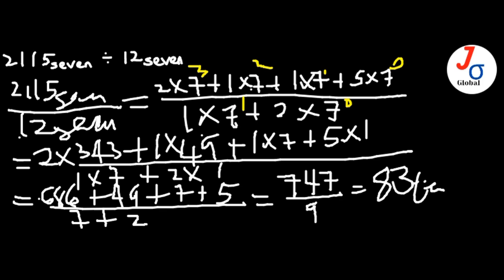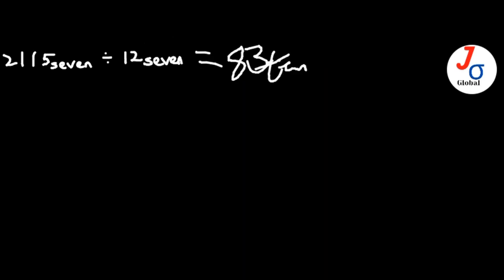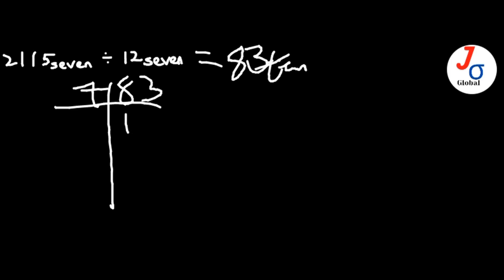So since we've gotten our answer in base 10, we're going to convert base 10 back to base 7, because our answer must be in base 7. So we have to convert 83 base 10 to base 7. I'm going to divide 83 by 7. 83 divided by 7, we have 11 remainder 6.